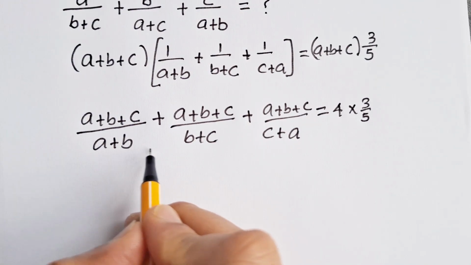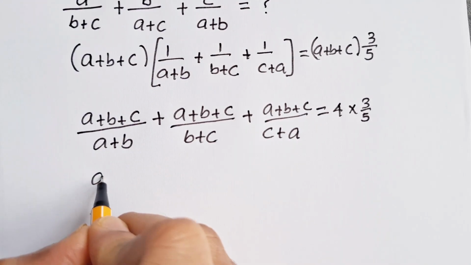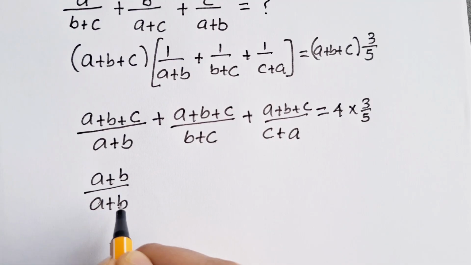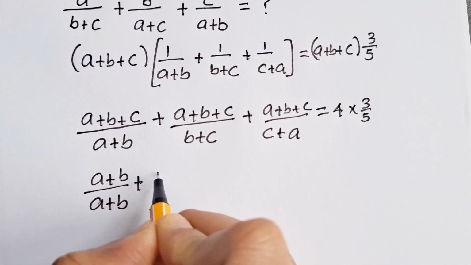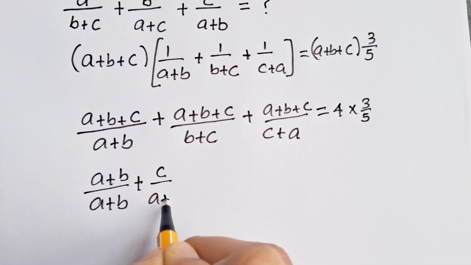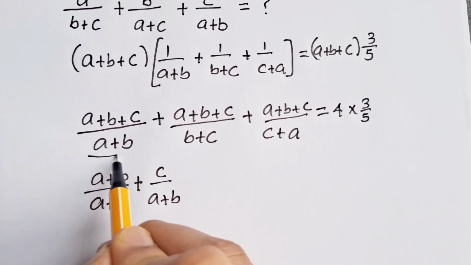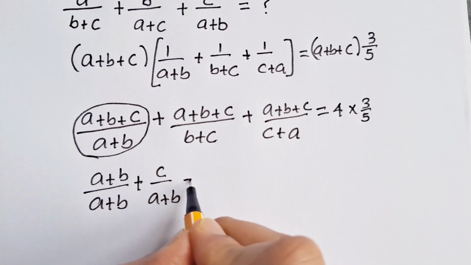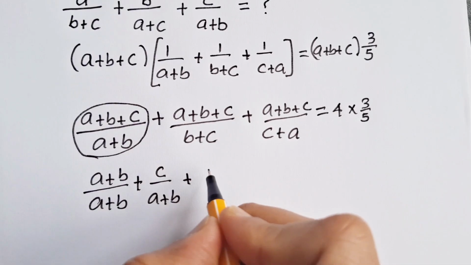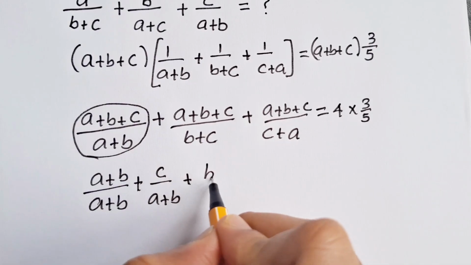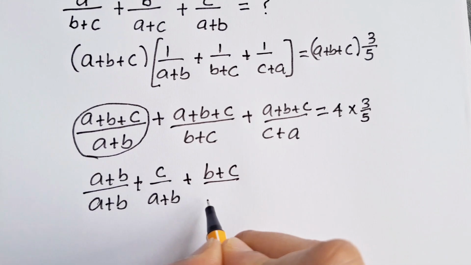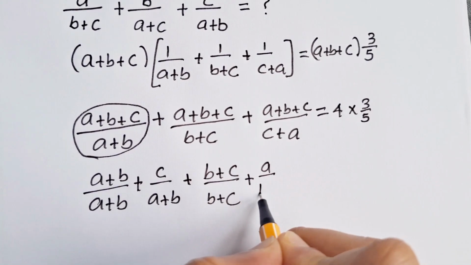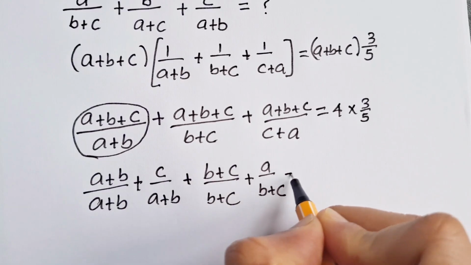Now I will rewrite this as follows: a plus b over a plus b, plus c over a plus b. Likewise, this one: b plus c over b plus c, plus a over b plus c.